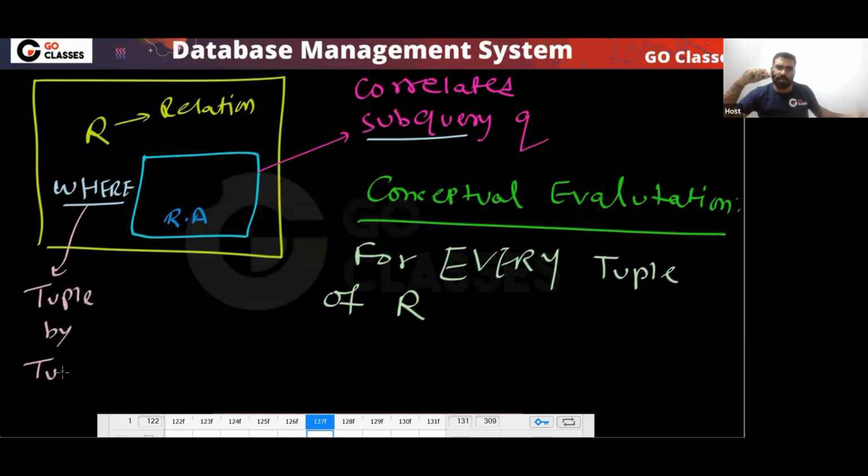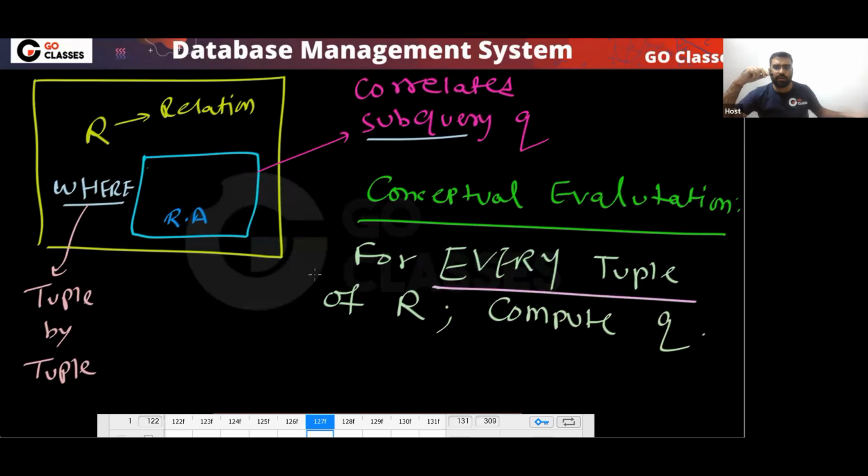So I can say that for every tuple of r, one by one, you will compute q.